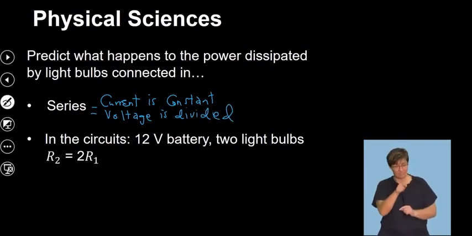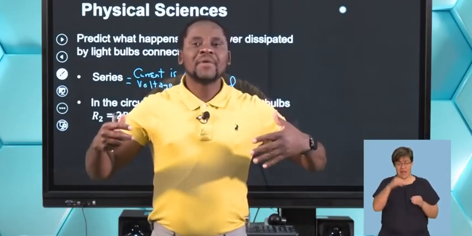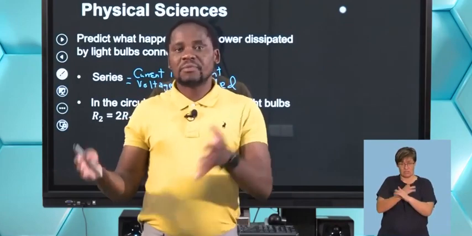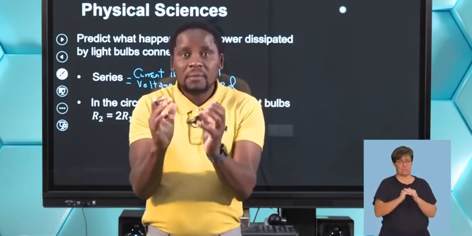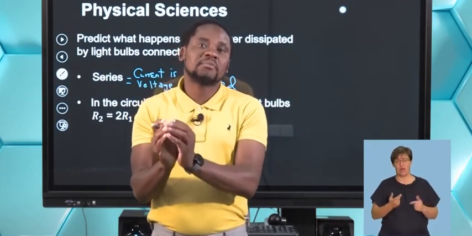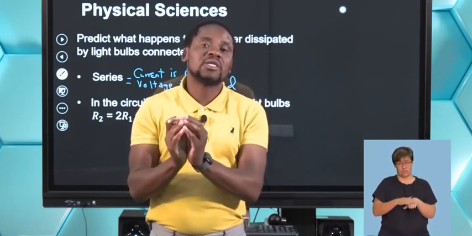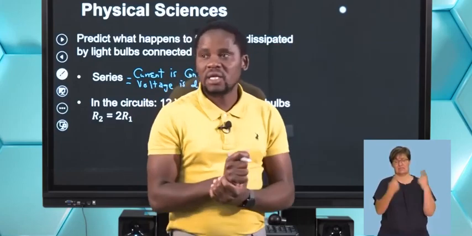So in this circuit, we'll have a battery of 12 volts, and the assumption is that the battery has negligible resistance. What does that mean? It means that the internal resistance of the battery can be ignored. In other words, the EMF, which is the maximum amount of energy that the source can supply per coulomb of charge, is equal to the terminal potential difference.